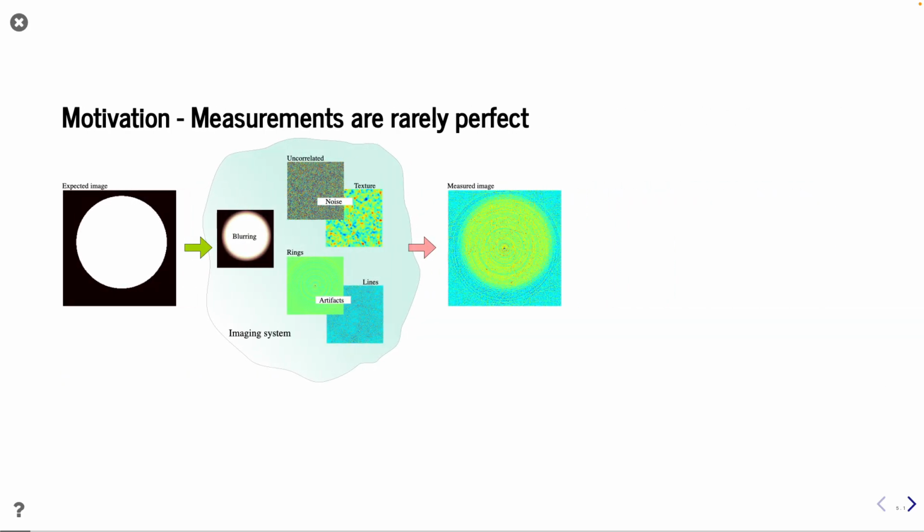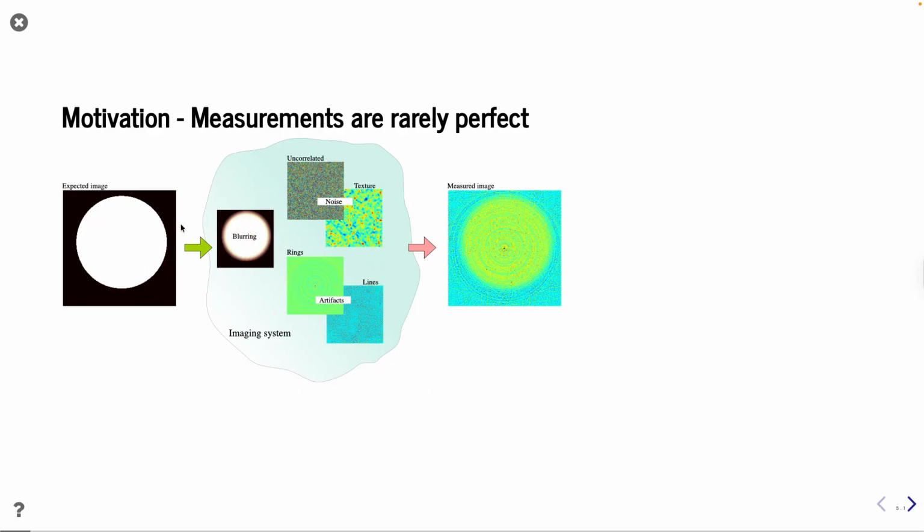So, coming to the topic. When we do a measurement, it's usually not as nice as we would like to have it. Ideally, you would like to have an image that gives you a cross-section looking like this. Clean, black and white, you have void, you have some material, but that's not the truth. We saw already in the first lecture that we have some blurring.